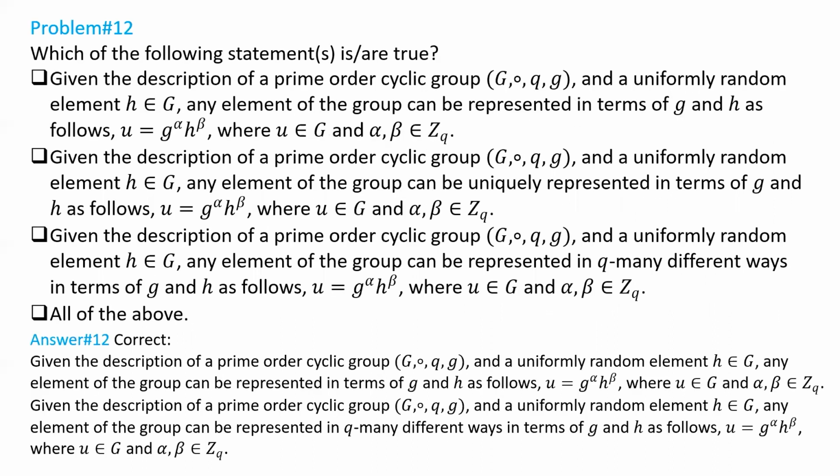Just to mention with this discussion, this particular function: with a given value of alpha and beta, the computation g to the power alpha h to the power beta can be used in constructing cryptographic primitives like the commitment scheme, more specifically the Pedersen commitment scheme, and also in the computation of particular compression functions.